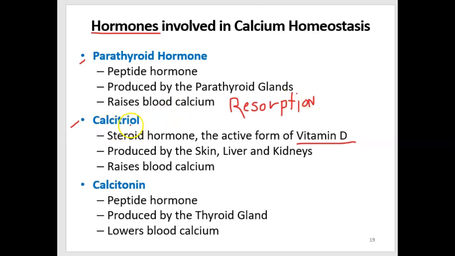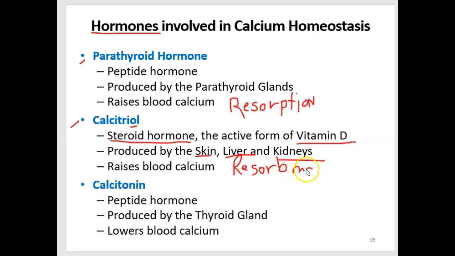Calcitriol, notice the OL, is a steroid hormone. It's the active form of vitamin D, and it's made through a complex process with a lot of precursors by the skin, the liver, and the kidneys, and it acts to raise blood calcium, and it can also resorb matrix.